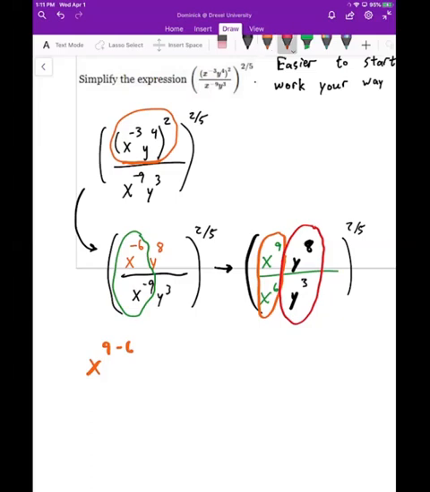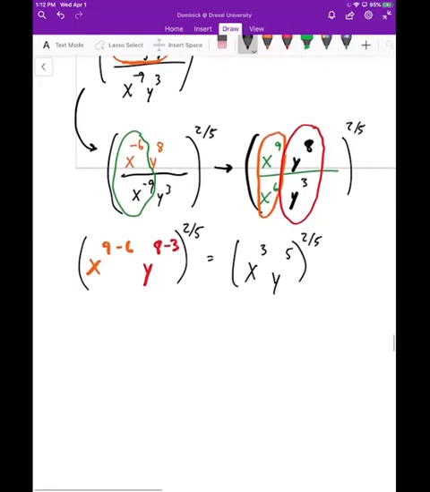And same thing with y: I have y to the 8 minus 3. And this is all still to the 2/5. So if I simplify them, I'm going to get x to the 3rd, y to the 5th, to the 2/5.